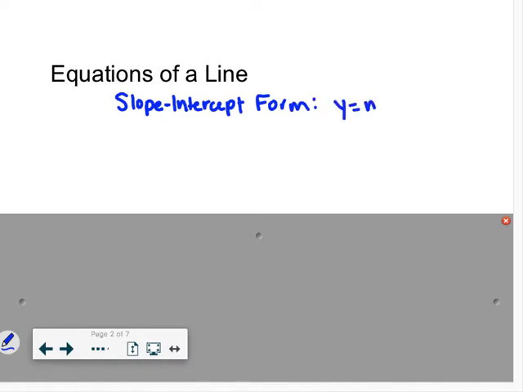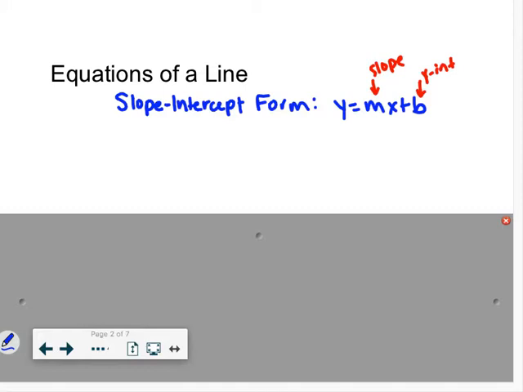Y equals mx plus b. And it's called slope-intercept form because you know the slope and which intercept? The y-intercept. Okay, good. M is slope and b is y-intercept.